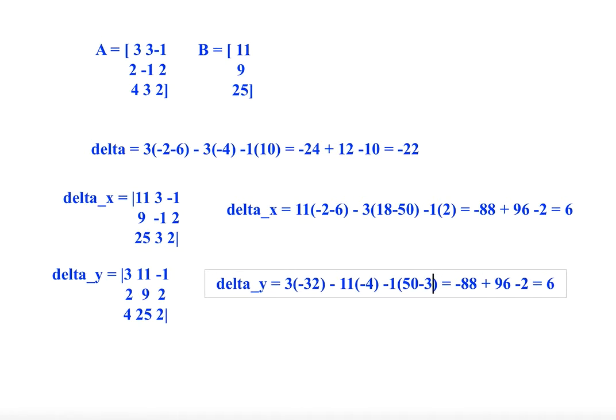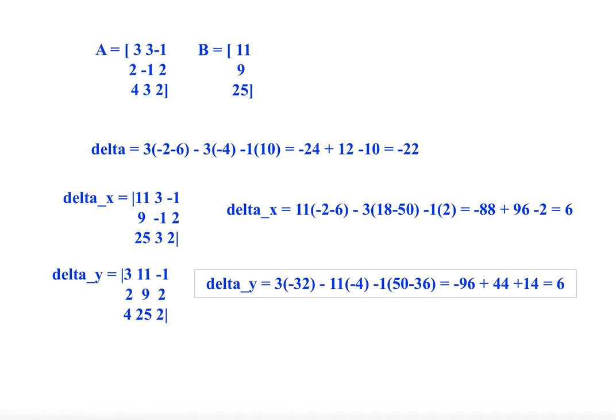50 minus 36. So this one is going to be minus 96. Next one is plus 44. Third one is 24, no, 14. 14, right. So minus 14 plus becomes plus 14.